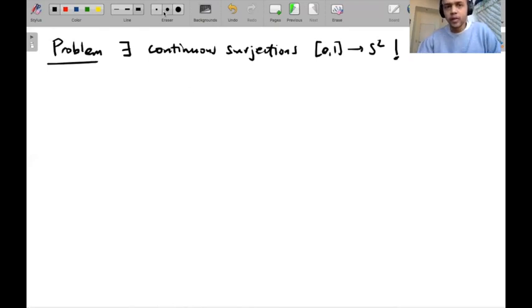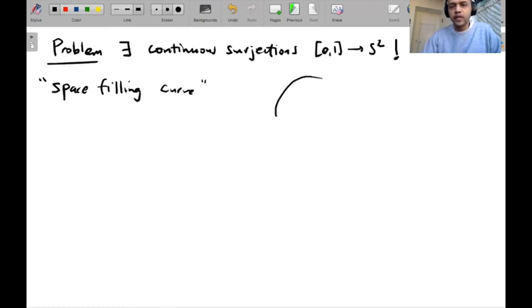And the same is true if we replace the two-sphere with the n-dimensional sphere for any n. At first sight, this is a really surprising fact. It's a bit counterintuitive that you could find a continuous surjection. The name of this type of thing is a space-filling curve.